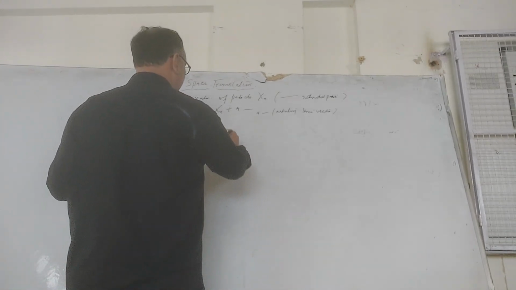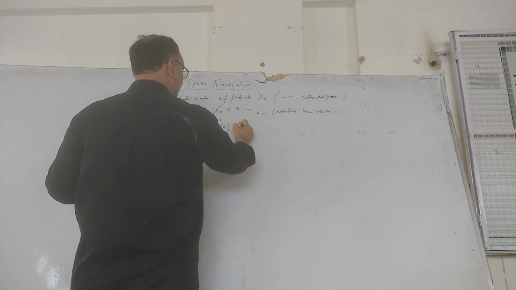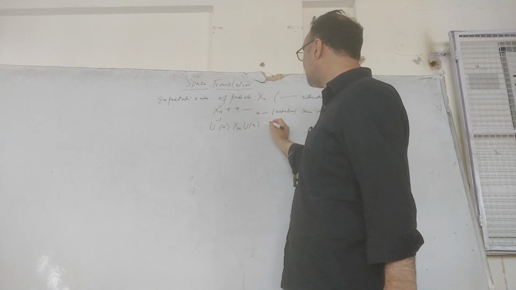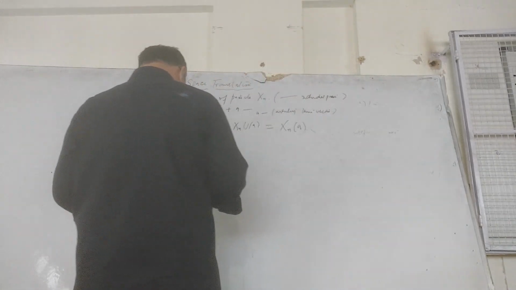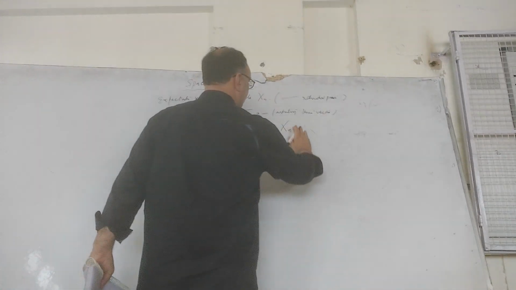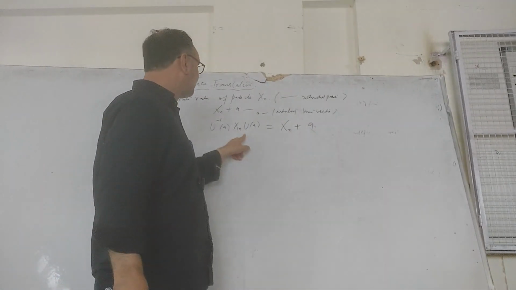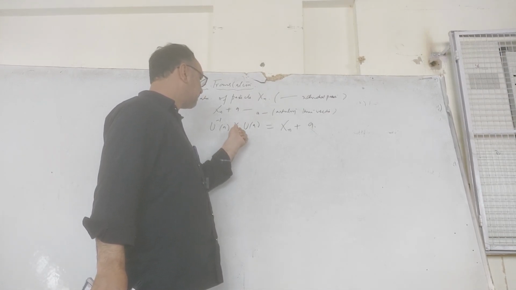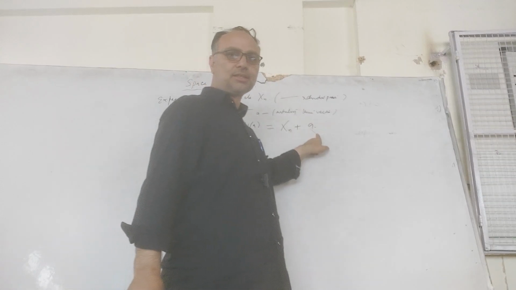So in terms of the unitary operator U(a), U inverse xn U, it will be xn plus a. The unitarity as a property should not differentiate the expectation value of the particle before and after this a.